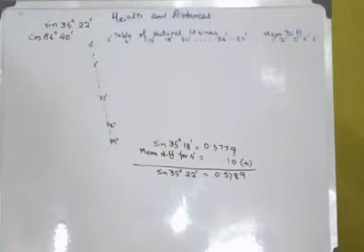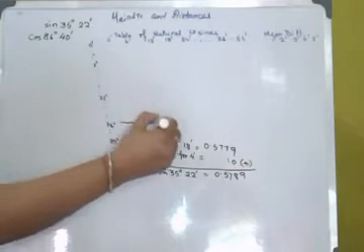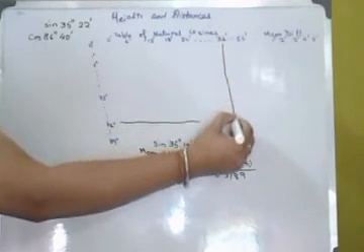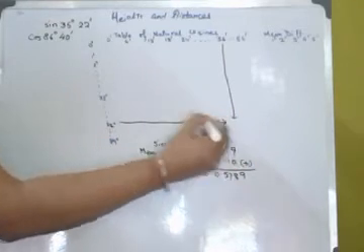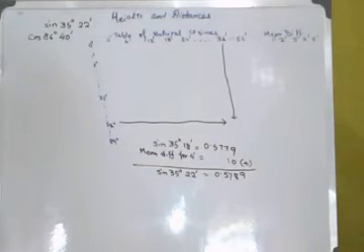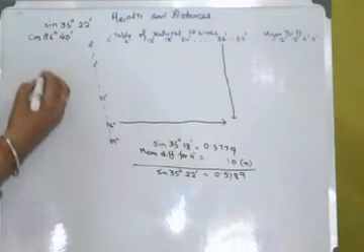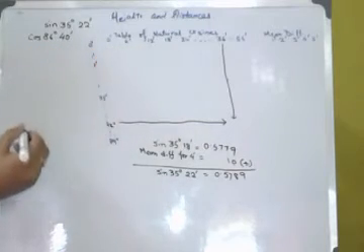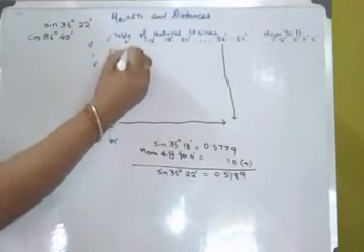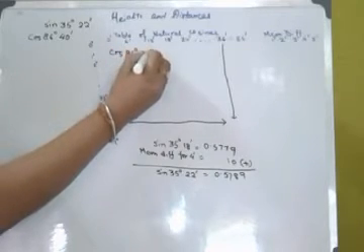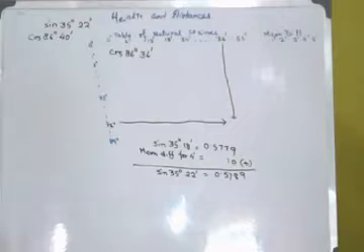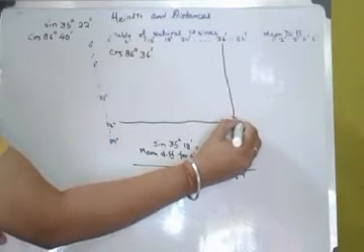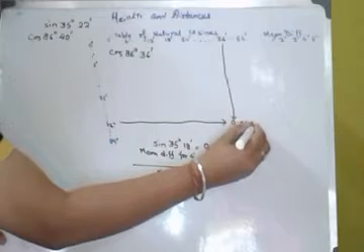So from here, cos 86 degree 36 minutes, suppose this value is 0.0593.